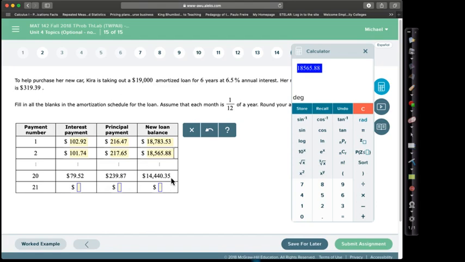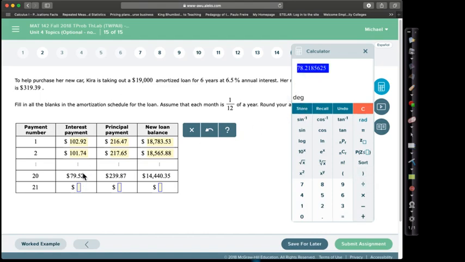We now know the balance is $14,440.35, so we can calculate the next line, doing exactly the same thing. 14,440.35 times the interest rate, 0.065, times 1 divided by 12, because we're only getting 1 month of interest, gives $78.21.